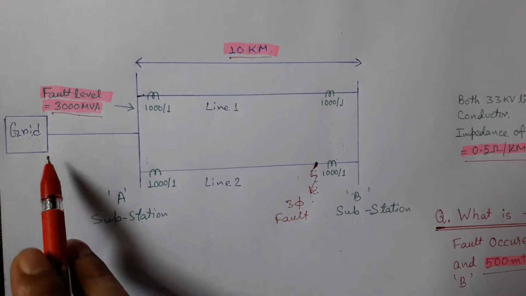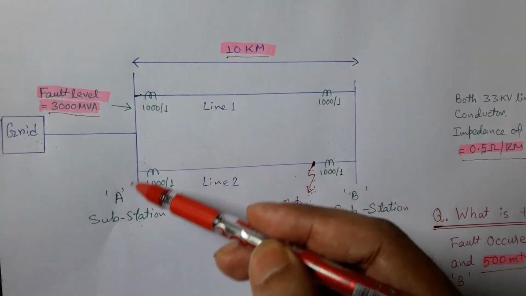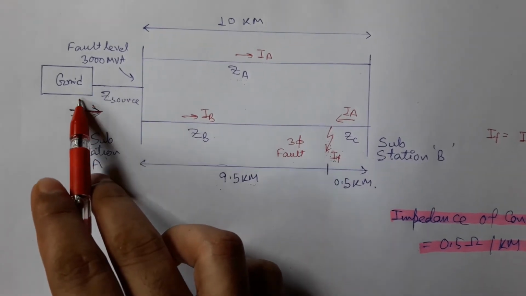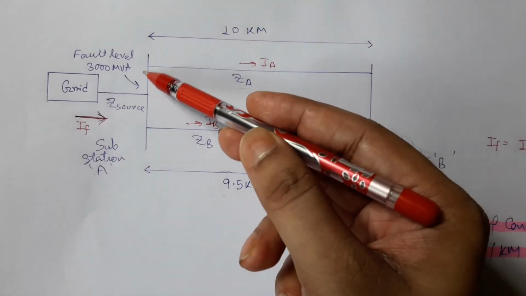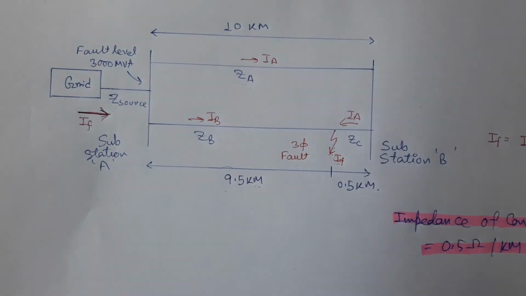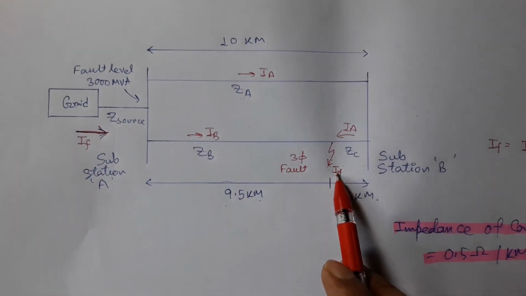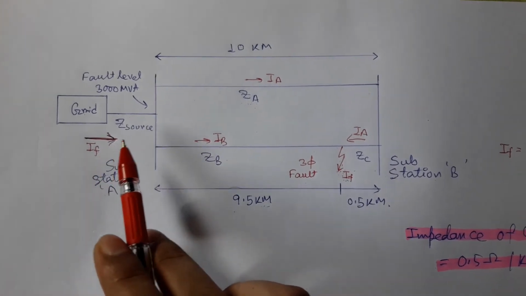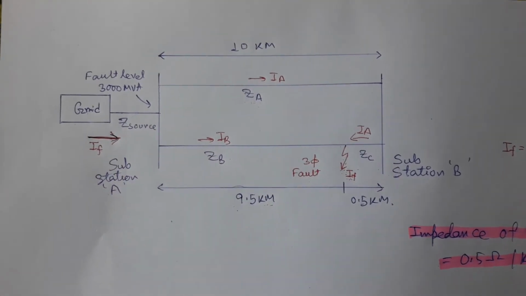As the grid is connected with this bus of substation A, the grid or source impedance will also be connected in series with the bus bar of substation A. And as the fault current is supplied by the grid, this fault current IF will be opposed by source impedance.